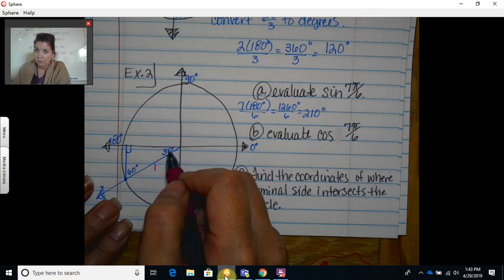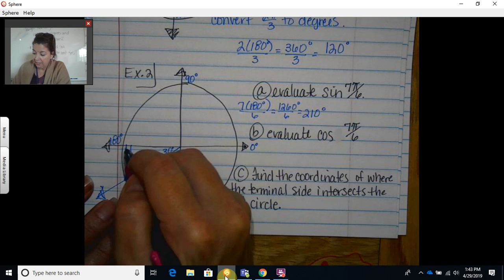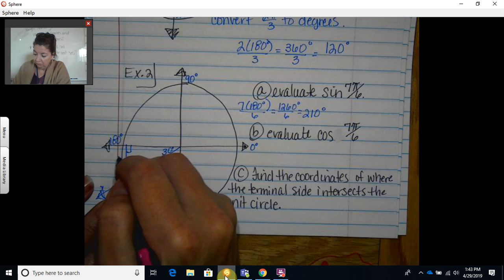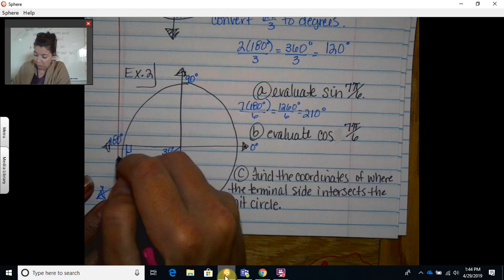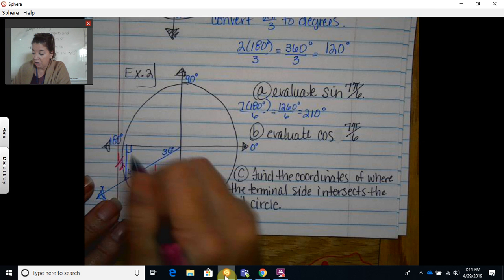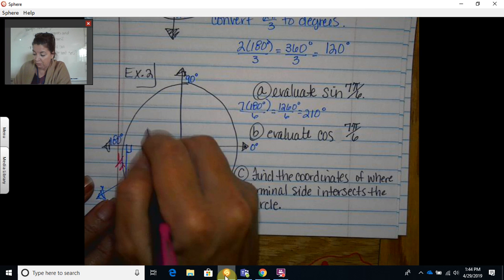What is the length of the leg across from the smallest angle? 1/2. And the side across from the 60-degree angle, that's the one that's the square root of 3 over 2.